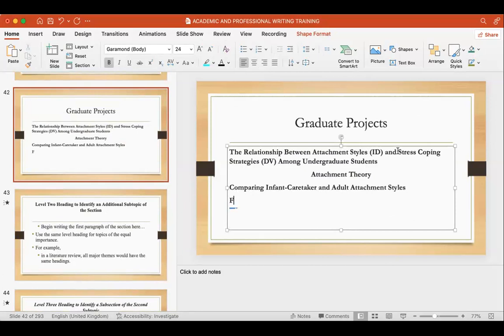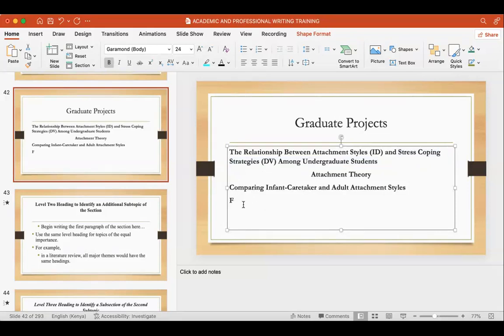Now you come to level 1 header. What is stress? You'll define what stress is. Level 2, you'll talk about coping strategies, because you've talked about stress, define it. Level 2, begin to talk about coping strategies of stress. And then level 3, chances are you will talk about coping strategies and undergraduate students as level 3.